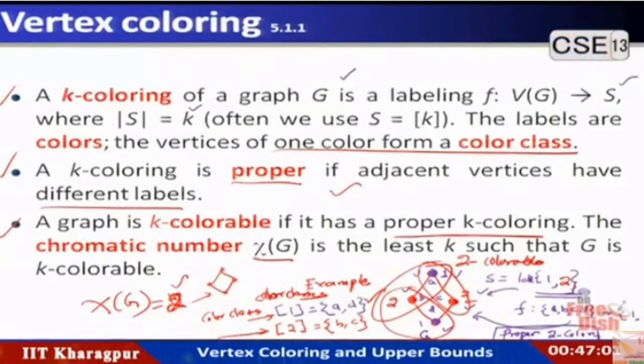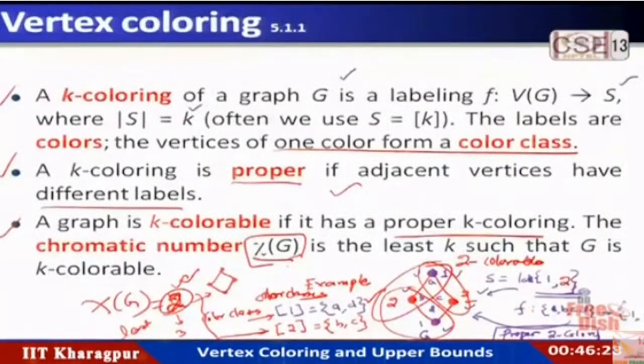You can also color with 3 colors, or with 4 different colors, but 2 is the least of all. Hence the least value K such that this graph is K colorable is 2 here. So a graph is K colorable if it has a proper K coloring. The chromatic number chi of G is the least K such that G is K colorable.